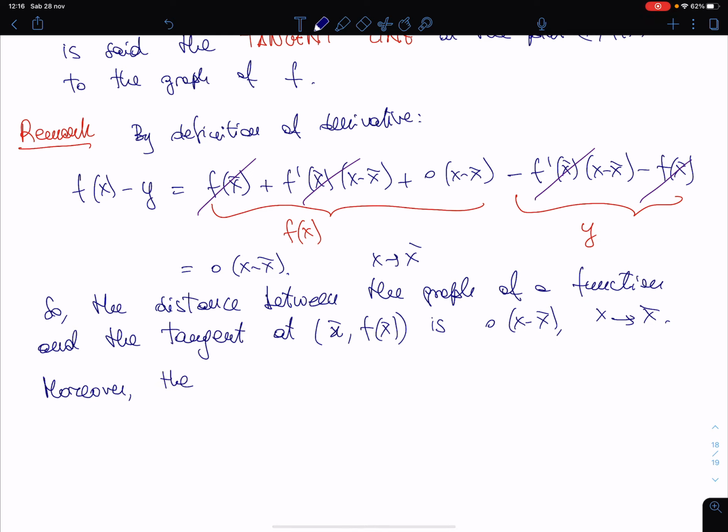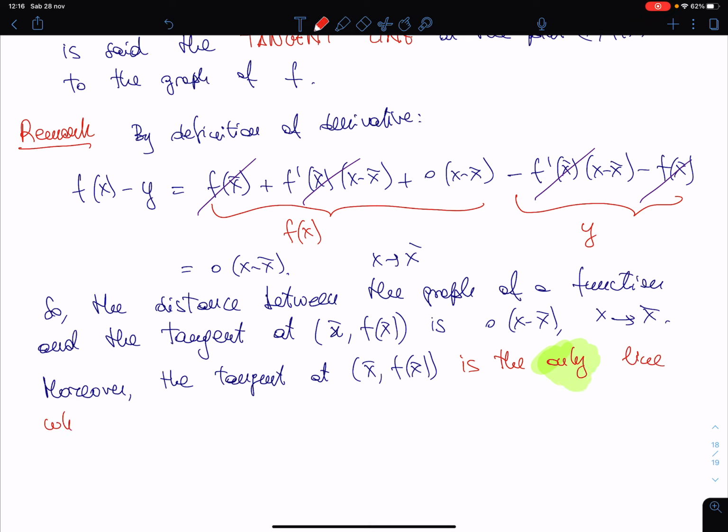the tangent at x bar, f of x bar, and this is very important, is the only line whose distance to the graph is little o of x minus x bar.